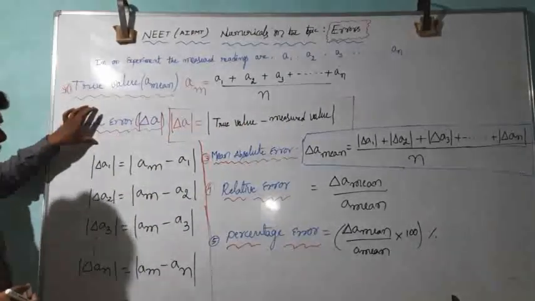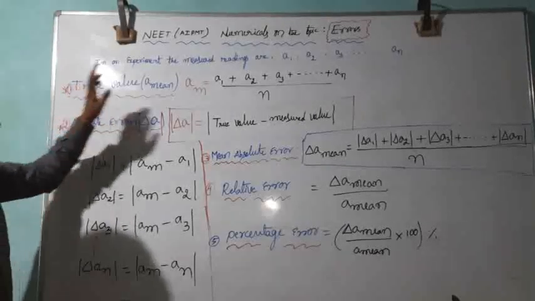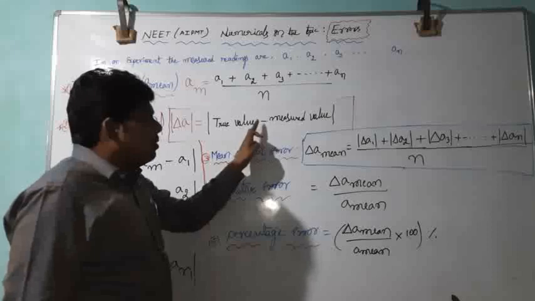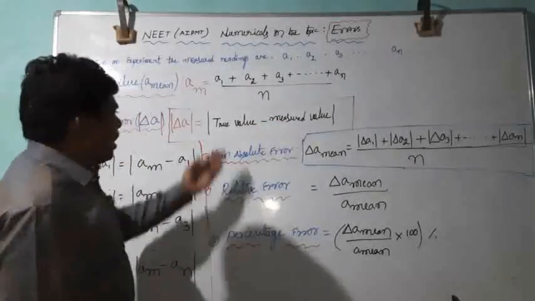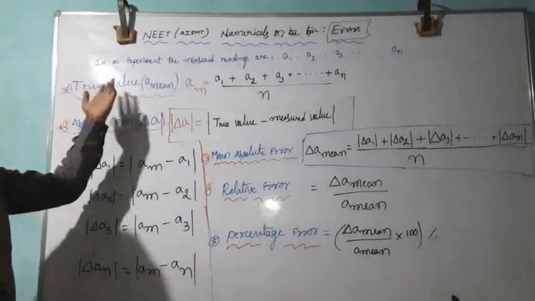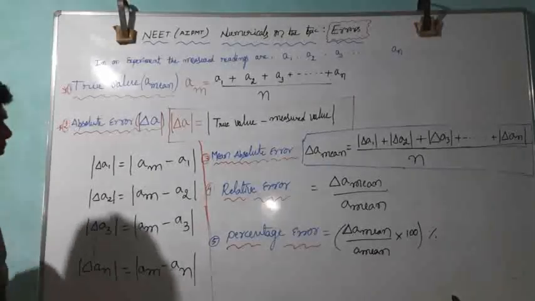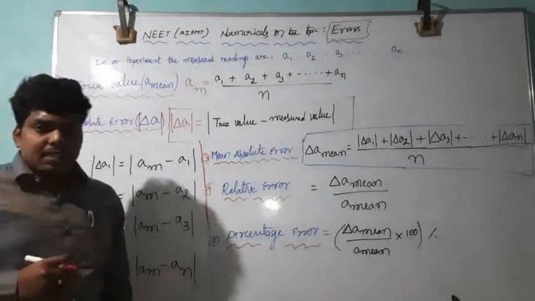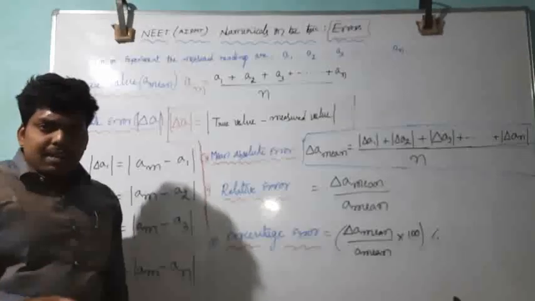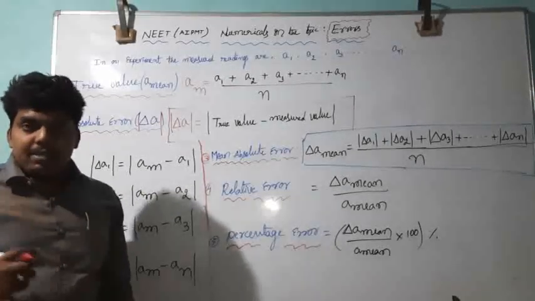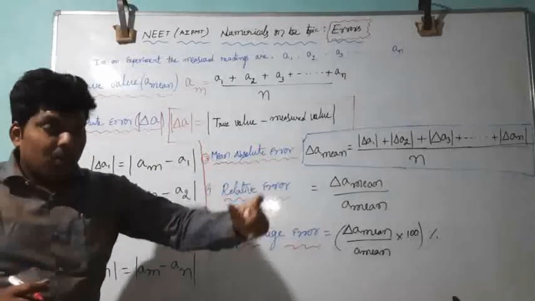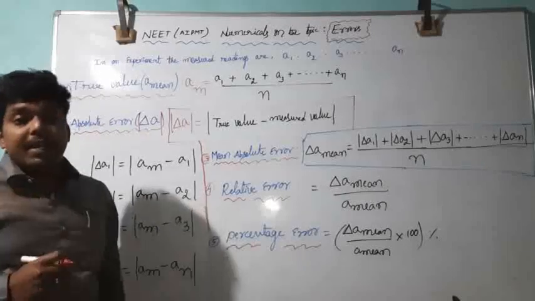Absolute error can be calculated by using the magnitude of the true value minus the measured value. Already we can calculate the true value by using the above formula. Here the absolute error will always be positive only. Sometimes we may get a positive value, sometimes a negative. Whatever the result, whether positive or negative, we should always take the magnitude only.